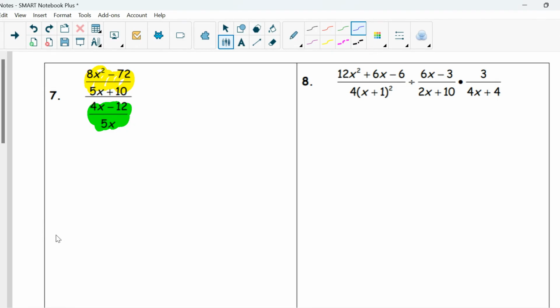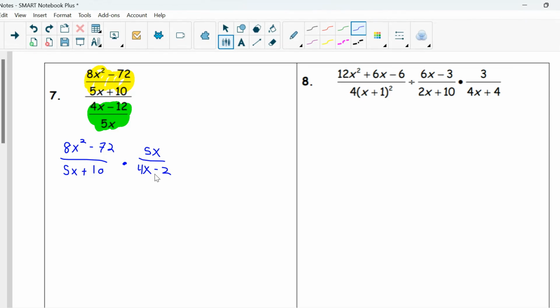So I can rewrite this whole thing as 8x squared minus 72 over 5x plus 10 times 5x over 4x minus 2.